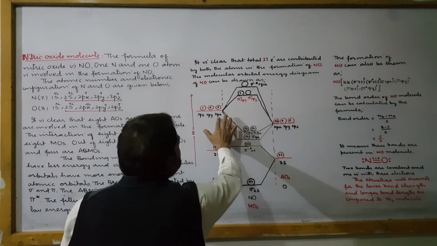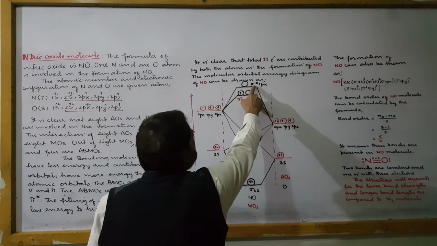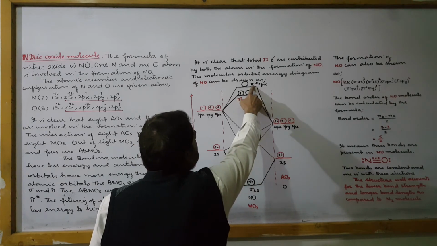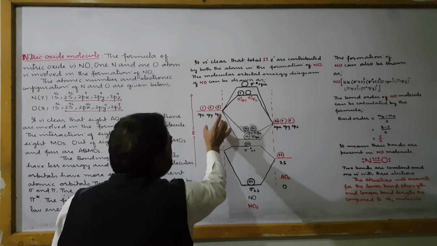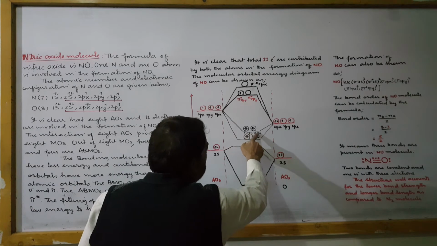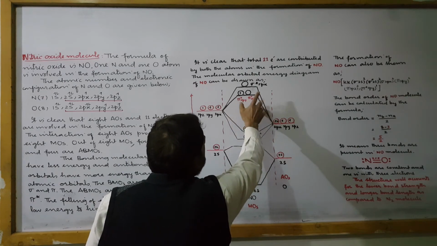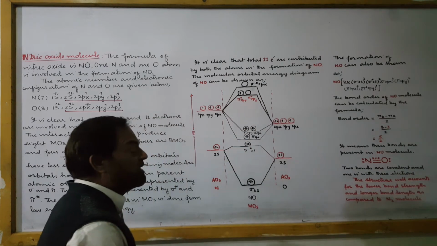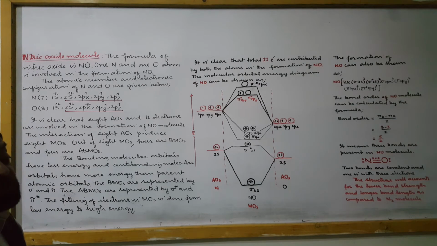Interaction of px gives 2 molecular orbitals, sigma 2px and sigma star 2px. The py and pz, 4 atomic orbitals, interact to form 4 molecular orbitals: pi 2py and pi 2pz bonding, and pi star 2py and pi star 2pz anti-bonding.